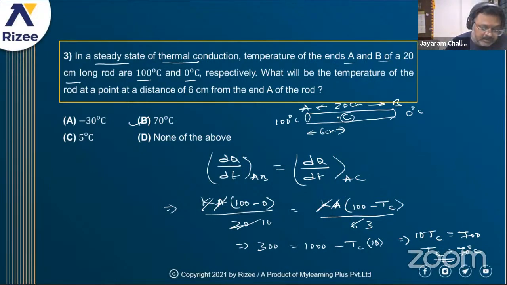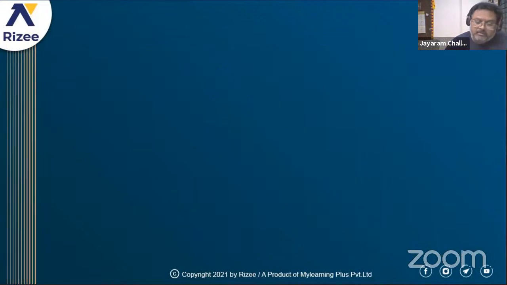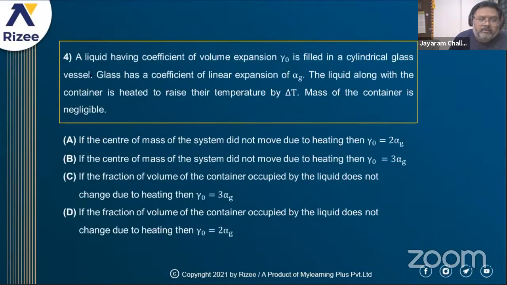Next case, question number 4. A liquid having coefficient of volume expansion gamma naught is filled in a cylindrical glass vessel. Glass has a coefficient of linear expansion of alpha. The liquid along with the container is heated.